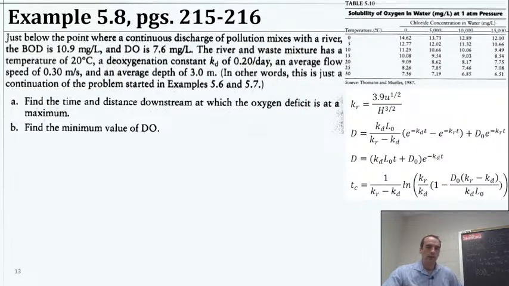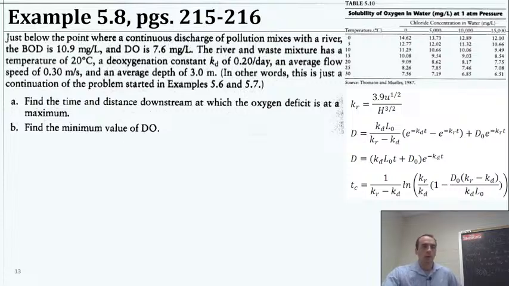Okay, so then the next example brings it a bit further. It says just below the point where a continuous discharge of pollution mixes with a river, the BOD is 10.9 milligrams per liter. The DO is 7.6 milligrams per liter.